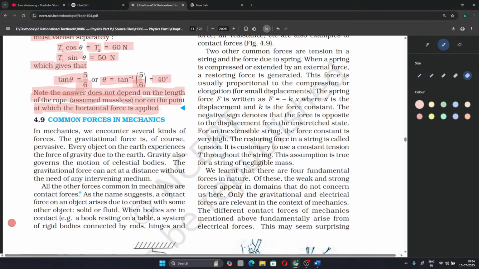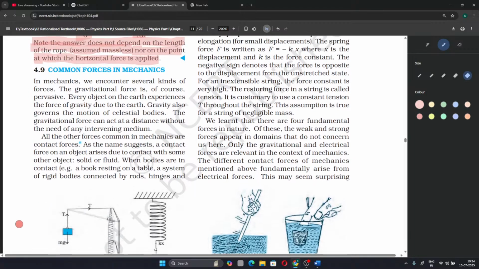Now let's go to the next main topic, that is common forces in mechanics. In mechanics, we encounter several kinds of forces. For example, the gravitational force, which is of course pervasive. Every object on Earth experiences the force of gravity due to the Earth.